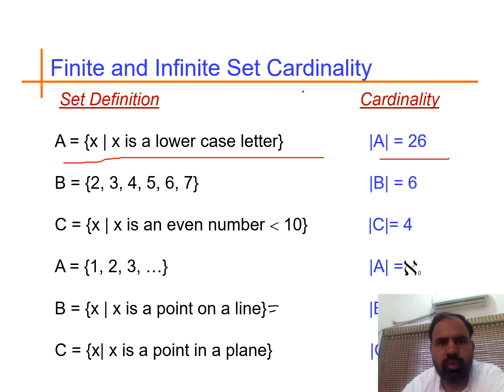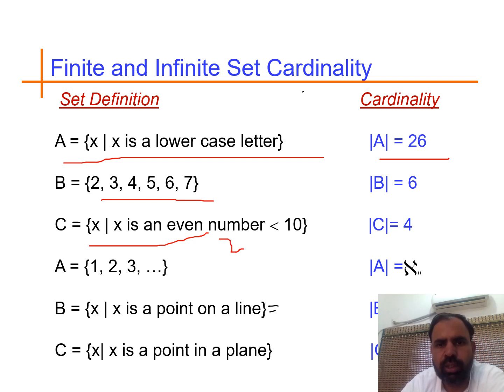Now B is a set of these elements. So the cardinality of set B is the number of elements, 1, 2, 3, 4, 5, 6. Okay, and C: x is an even number which is less than 10. So the number of elements which are even and less than 10 are 4.